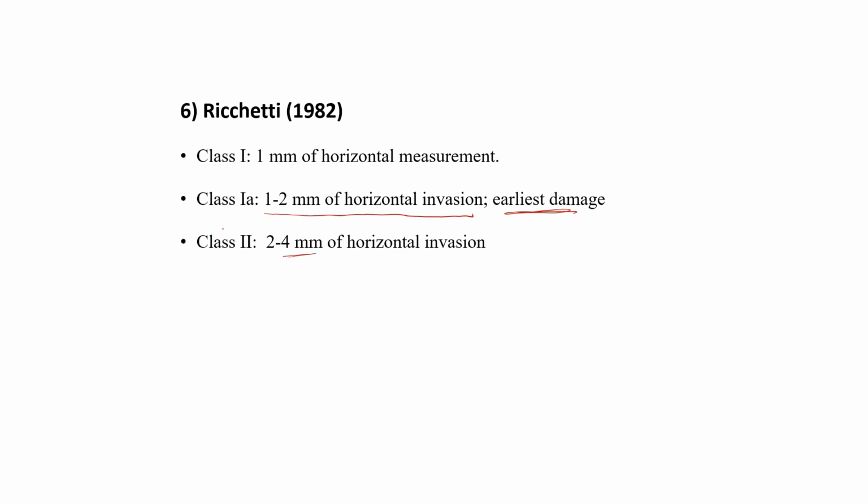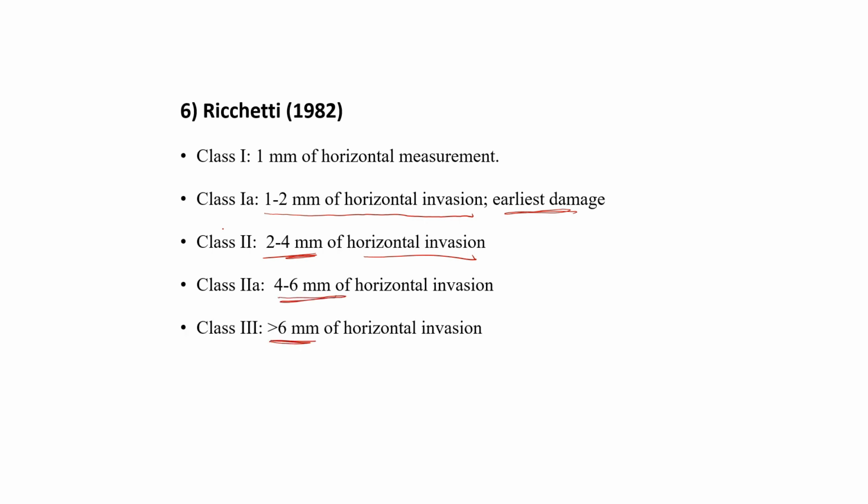Class 2, 2 to 4 mm of horizontal invasion. Class 2A, 4 to 6 mm of horizontal invasion. Class 3, more than 6 mm of horizontal invasion. So basically he has given some numerical values according to which we can measure the horizontal invasions and grade them in different classes.